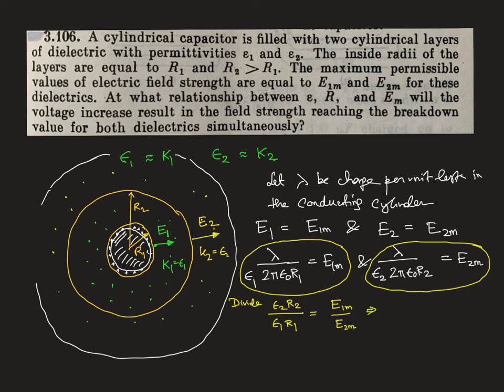So that is the condition required. Relationship required is this: epsilon 2 R2 E2m is equal to epsilon 1 R1 into E1m.